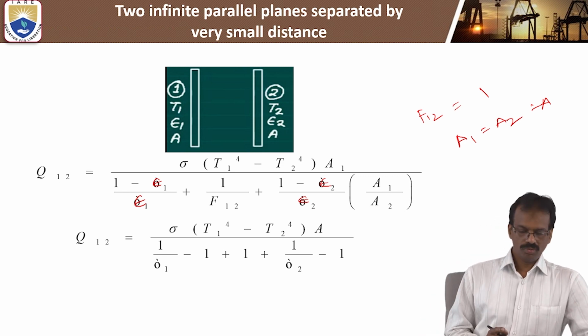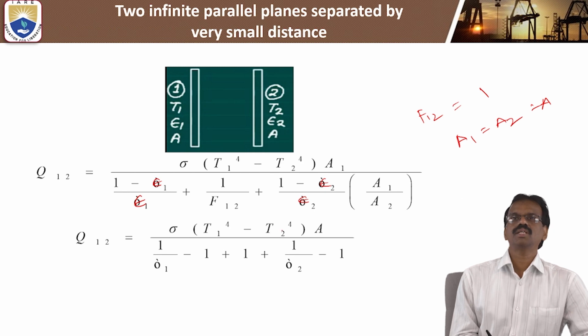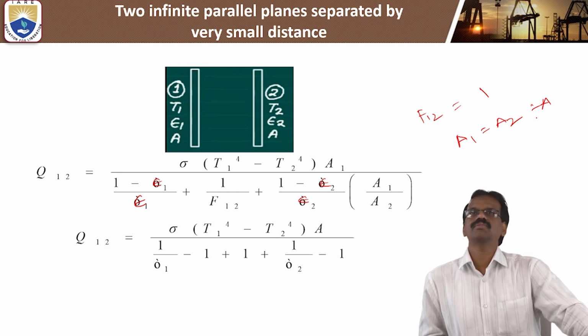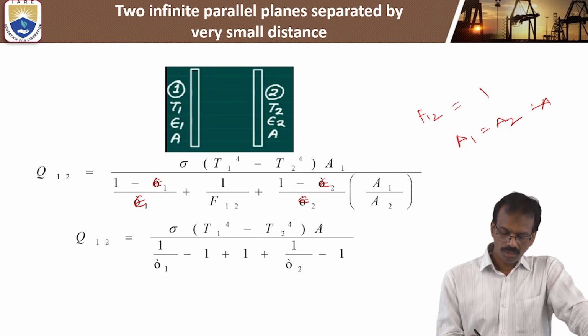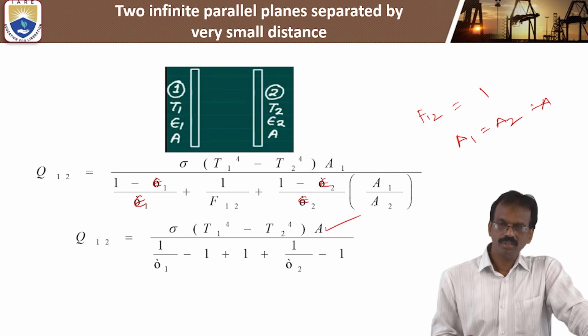Q1T is equal to sigma (T1 to the power of 4 minus T to the power of 4) into, in place of A1, we can take A, because A1 is equal to A2 is equal to A, since these are infinite parallel planes.